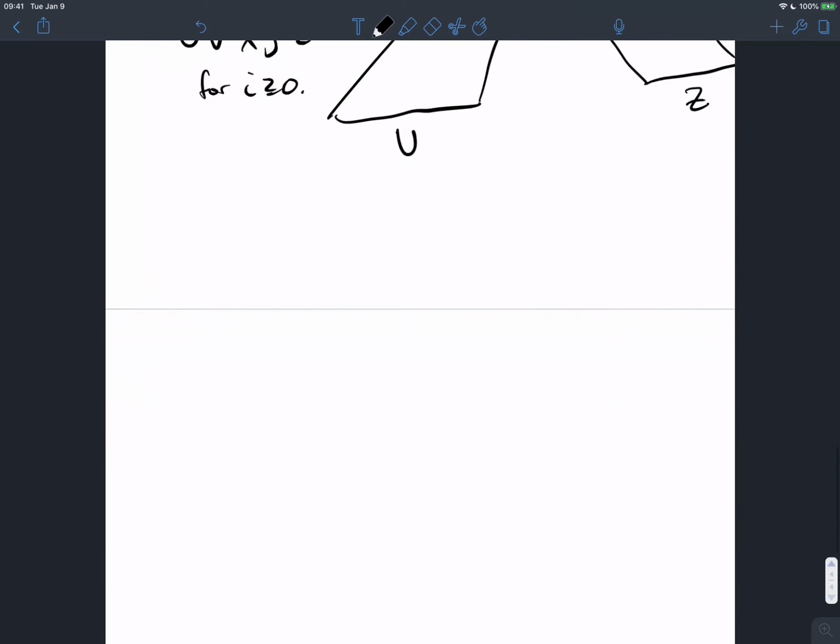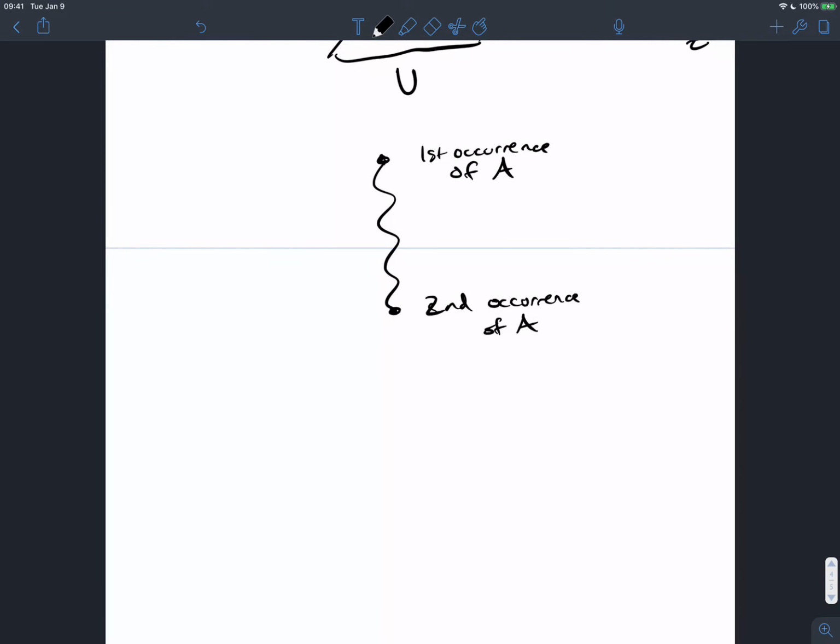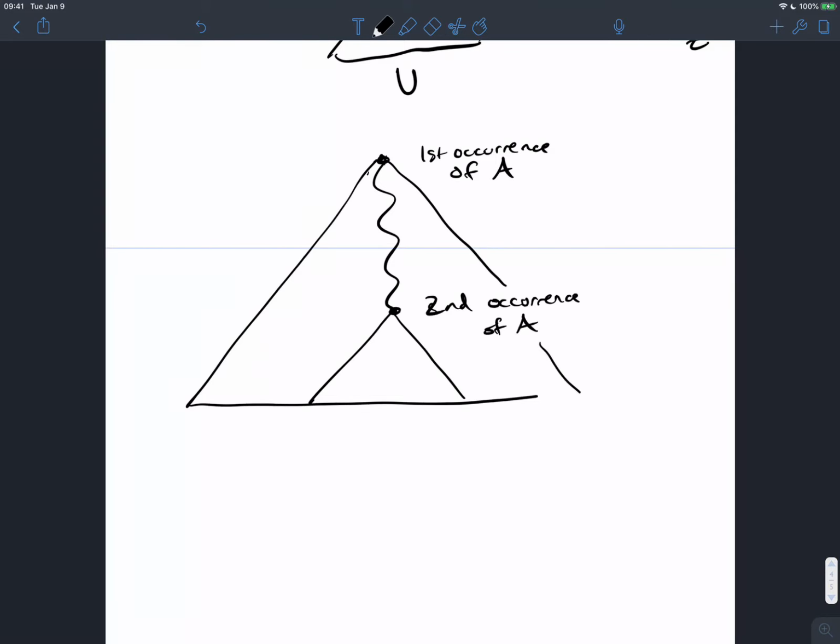Okay, so let's blow this up a little bit. So let's say that this is the first occurrence of A up here, and then obviously this is the second occurrence of A. And of course, this makes something, this makes something, and this is the VXY part.